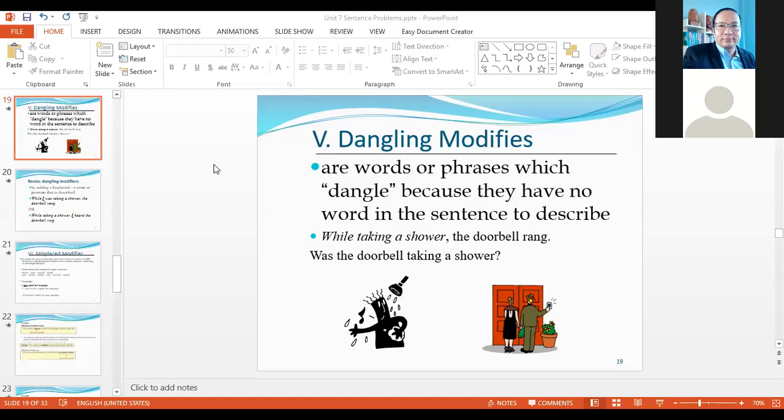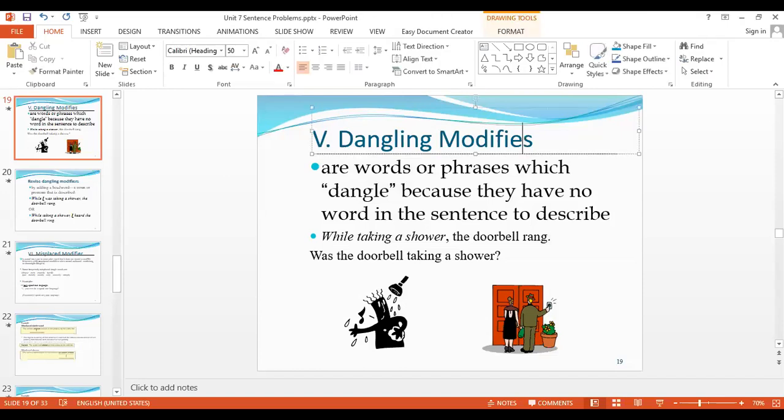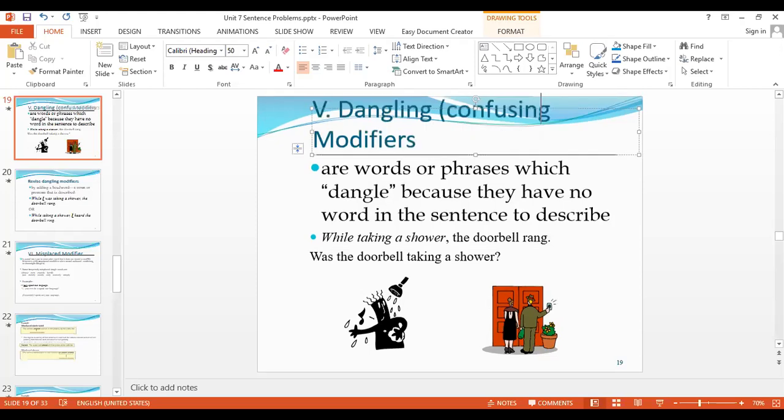We call it dangling modifier. Dangling modifier. So what do we mean by dangling, everybody? Dangling means confusing. When we're talking about what we call a modifier, a modifier can be a present participle phrase, can be a past participle, can be an infinitive phrase.